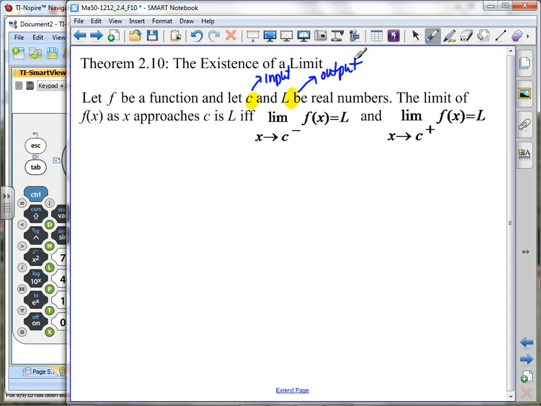What does that mean to you? If and only if, IFF, if and only if, what?